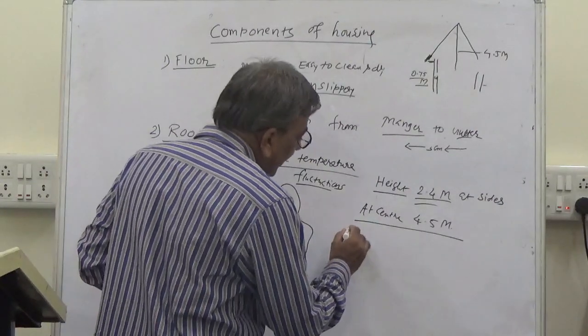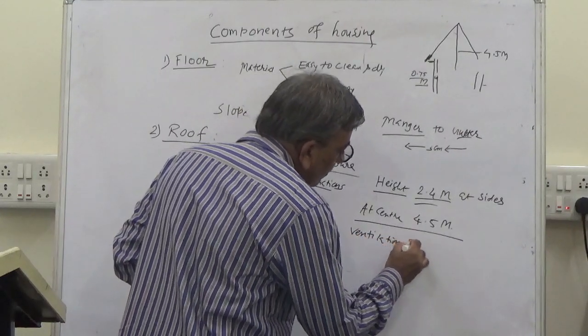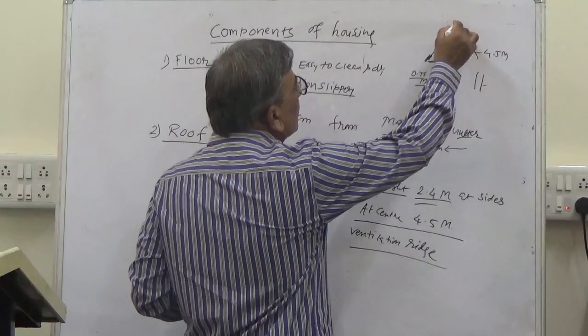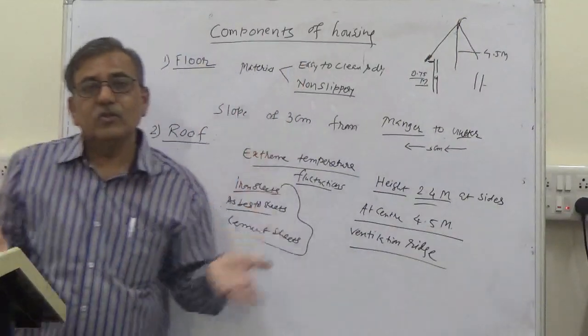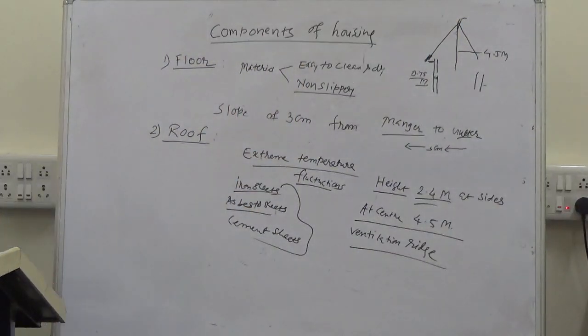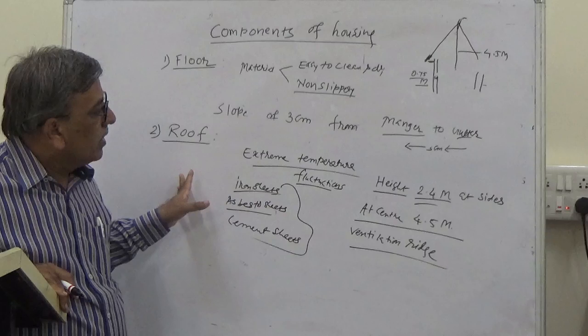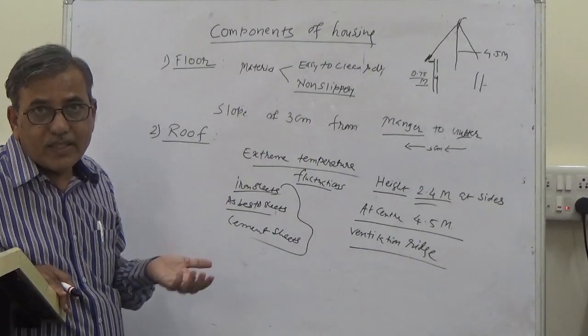It is called the ventilation ridge. The hot air from the house should escape outside the house through this ventilation ridge. It is provided at the center. So these are the specifications to be considered while constructing the roof of a dairy house.